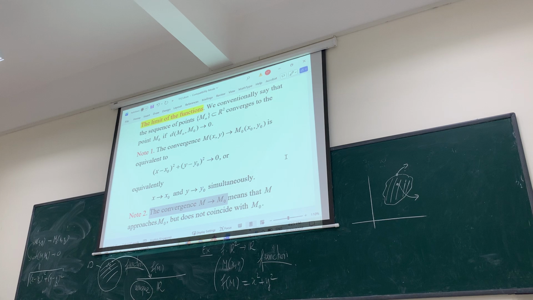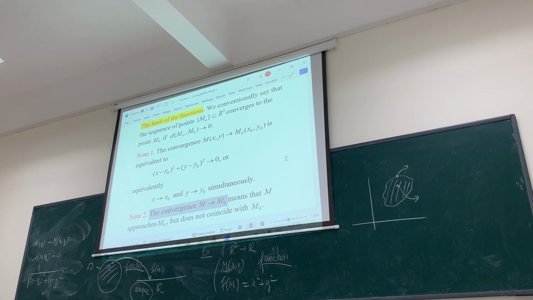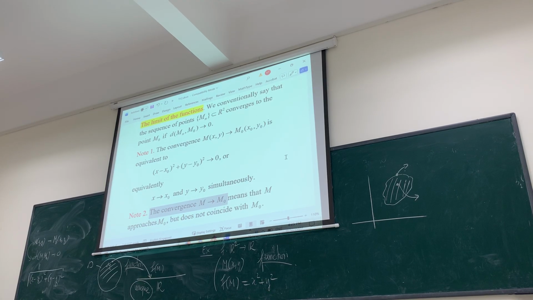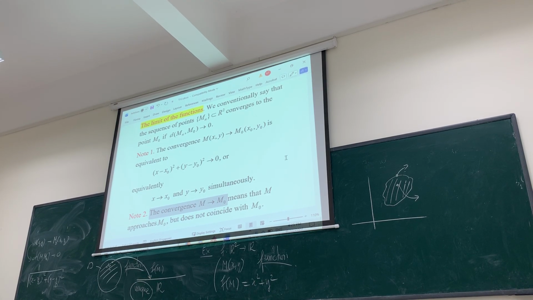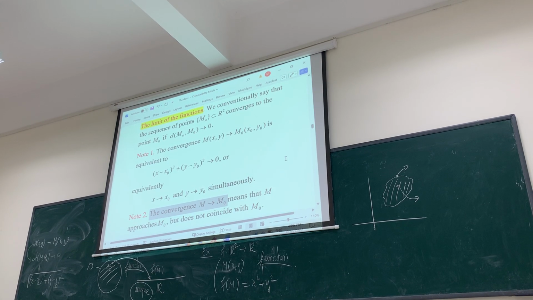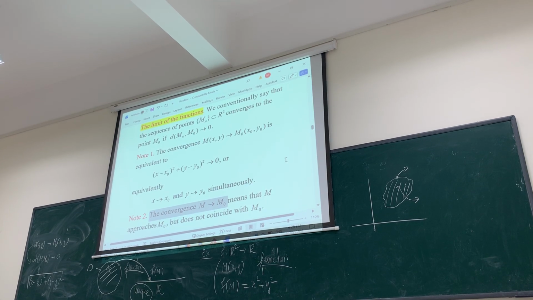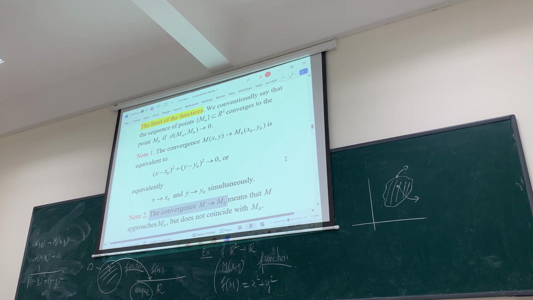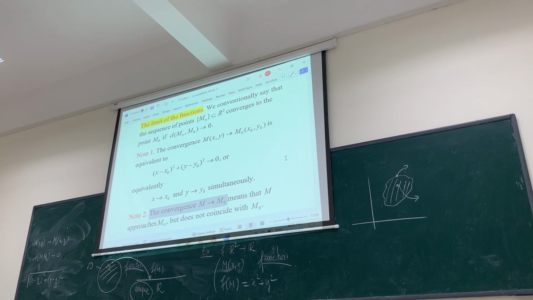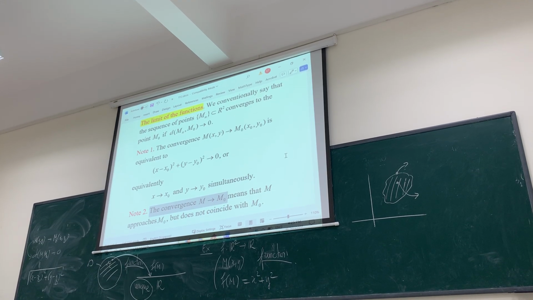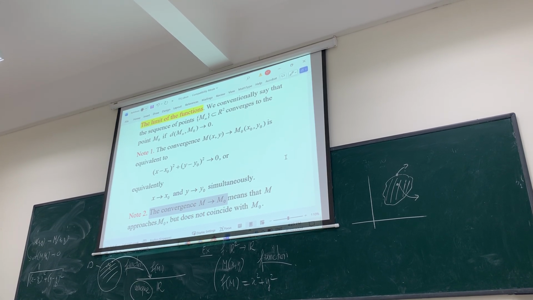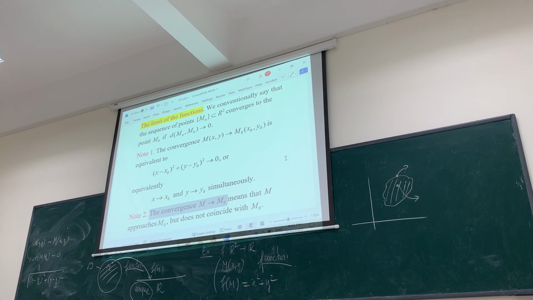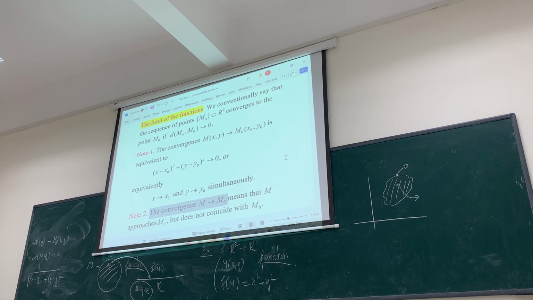The conjugate M tends to M0 means that M approaches M0 but does not coincide with M0. It only approaches, it does not coincide. M tends to M0 but is not identical with M0.